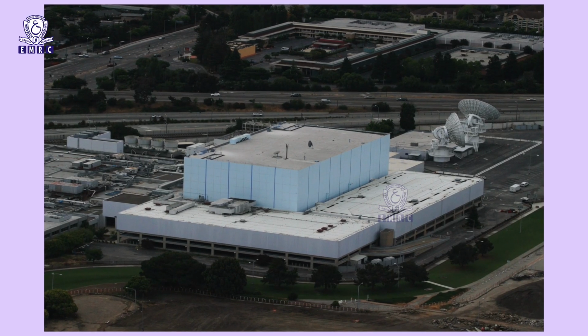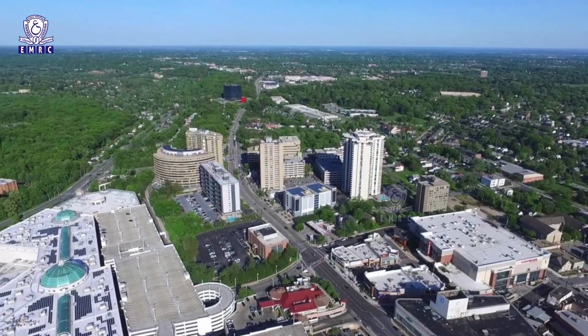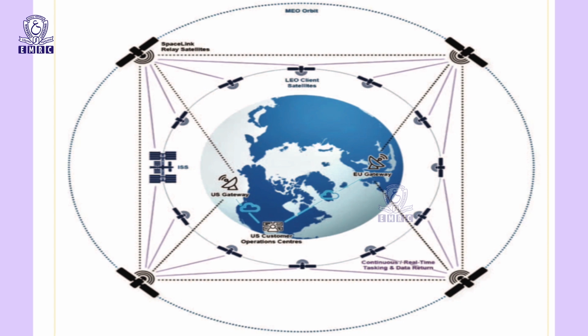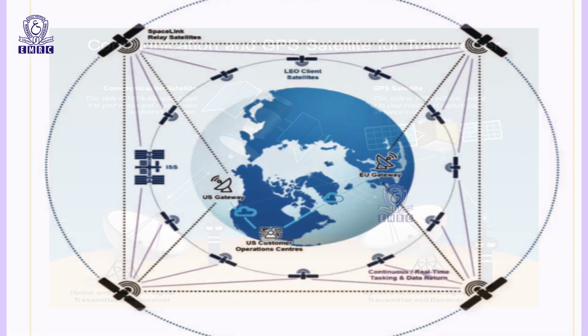In the event of some catastrophic failure, there are also 2 backup master control stations, one located in Sunnyvale, California, and the other in Rockville, Maryland. The unmanned monitor stations passively track all GPS satellites visible to them at any given moment, collecting signals and ranging data from each.